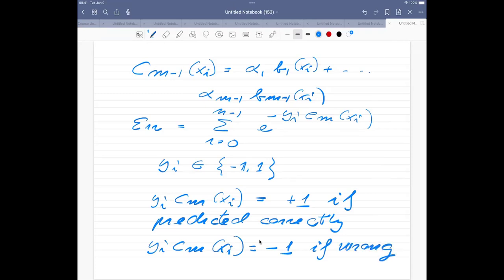This is pretty straightforward to see, because if you have to predict +1, and you predict that correctly, you have +1 times +1. So then you get +1, obviously. If you predict wrongly, and you should predict +1 and you predict -1, you get a minus. And that means that if you look at this exponential, the correctly predicted get e to the -1, the wrongly predicted get e to the +1. So that means that the wrongly predicted values have a higher emphasis.